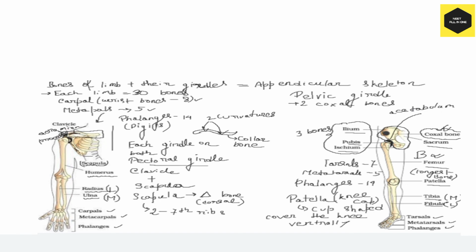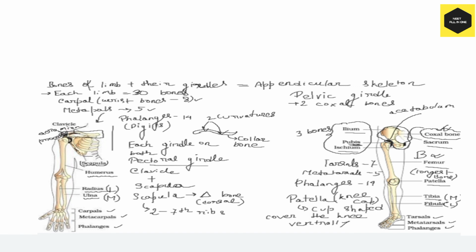And the two halves of pelvic girdle meet ventrally to form the pubic symphysis containing fibrous cartilage. I mean, see, from this side, this bone, the pubis portion. Now imagine you have another bone on this part.